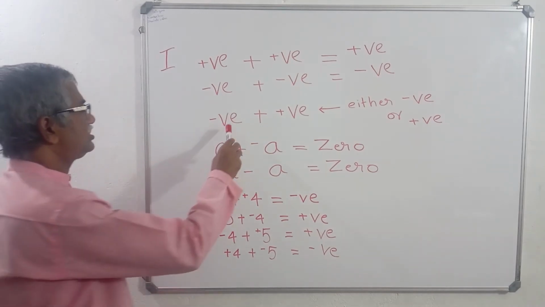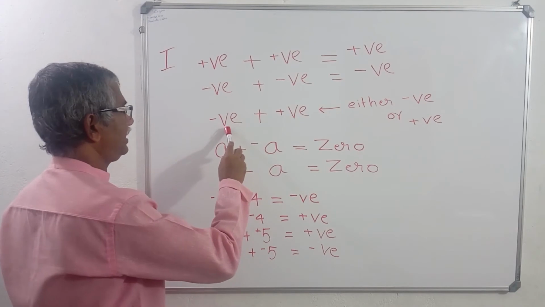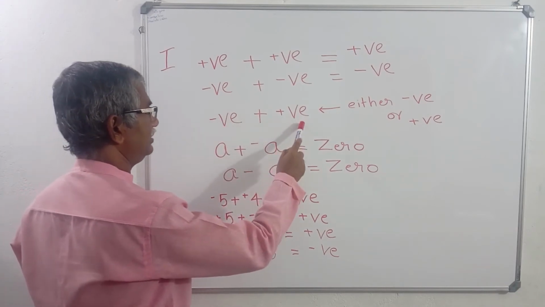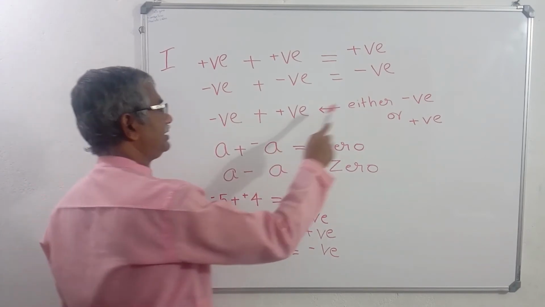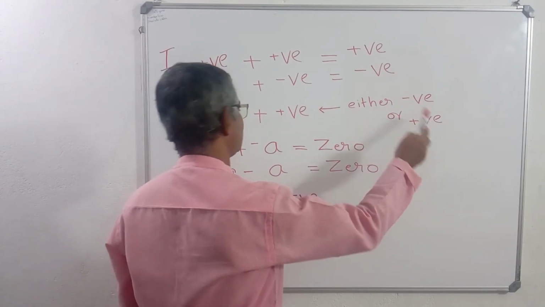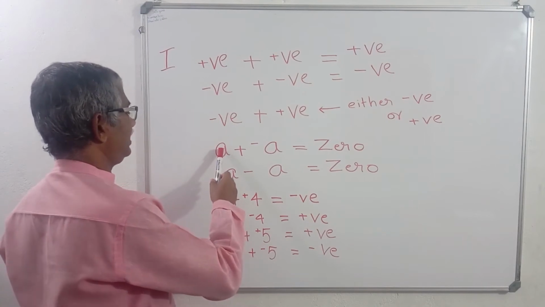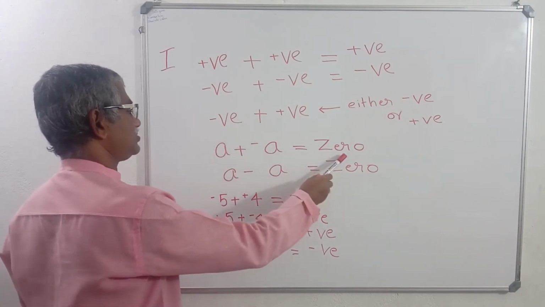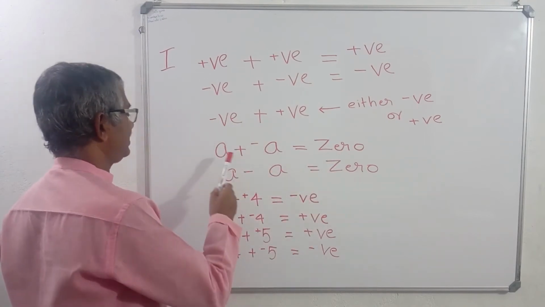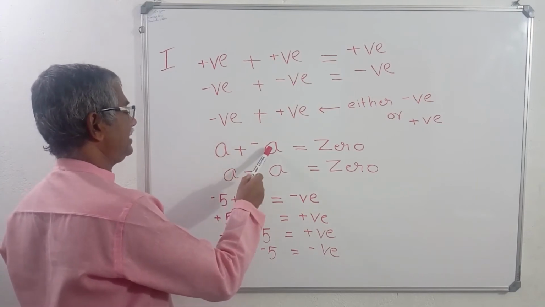Here, a negative number and a positive number, the sum of a negative and a positive, the answer can be either negative or positive. Negative A, positive A, their sum is always 0.